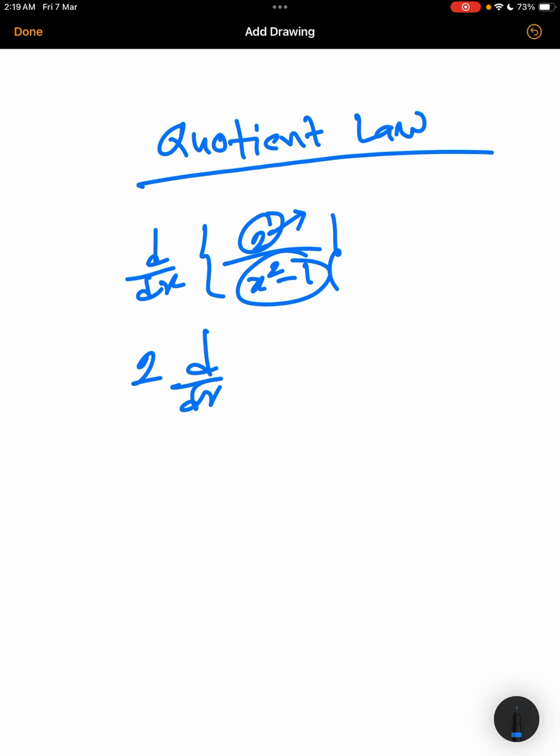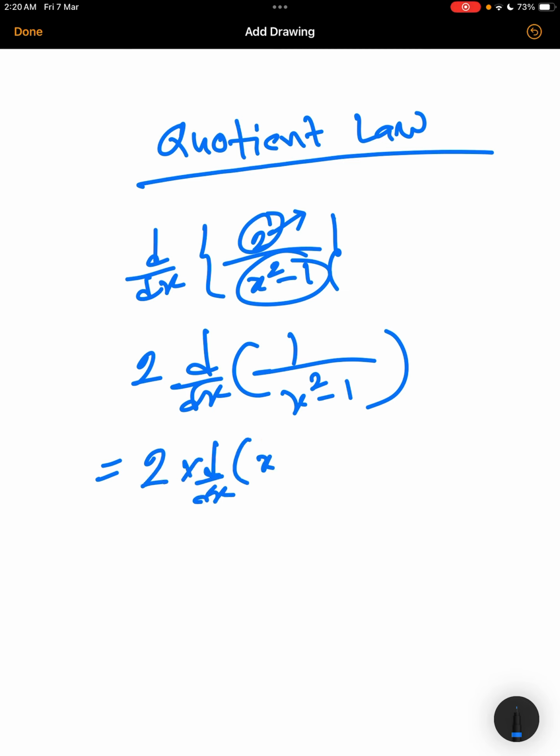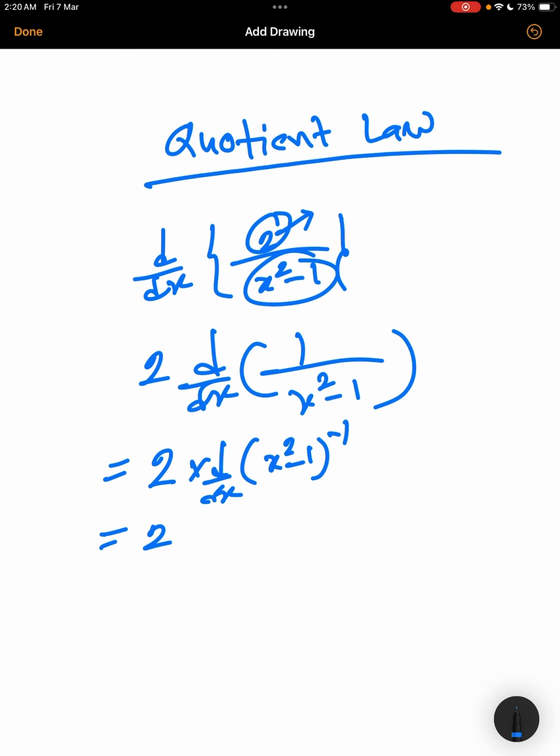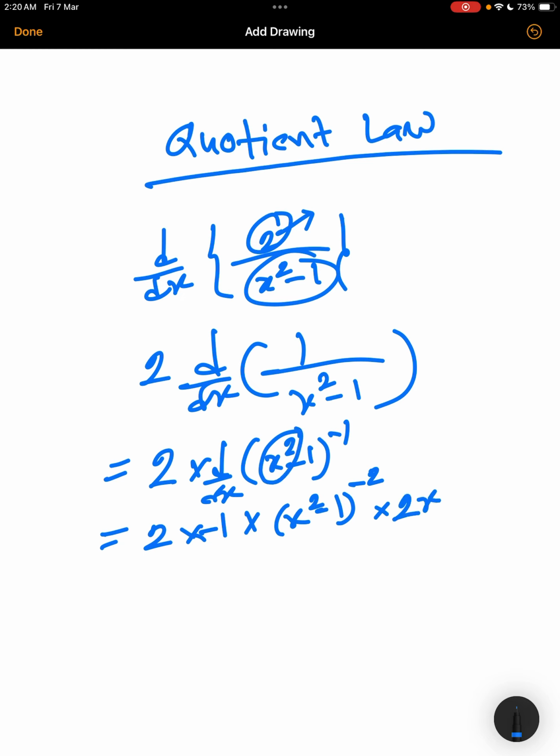So 2 d/dx of 1 over x square minus 1. Perfect. Now what you can do is 2 times d/dx of x square minus 1 to the power minus 1. Now guys, 2 times minus 1 as n, after that times x square minus 1 to the power minus 2 times. Now this is not our last function, x square minus 1, so it should be differentiated one more time. Here the minus 1 is eliminated because its differentiation result is 0.